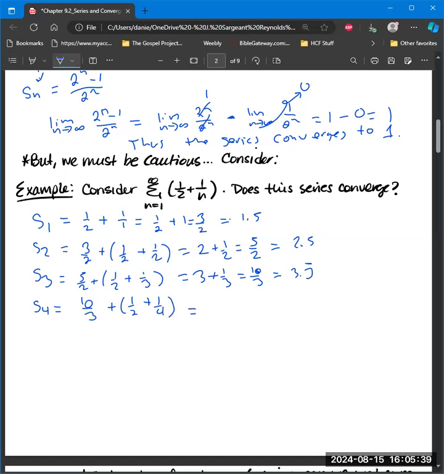So this is going to be 10/3 plus 3/4, which is 49/12, which is 4 and a 12th, equal to 4.083 repeating like that. All right, so do we see a pattern here?